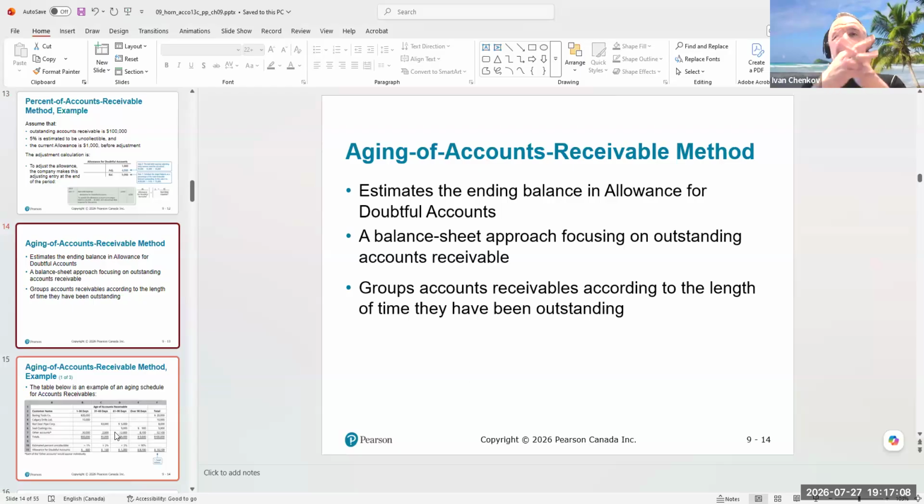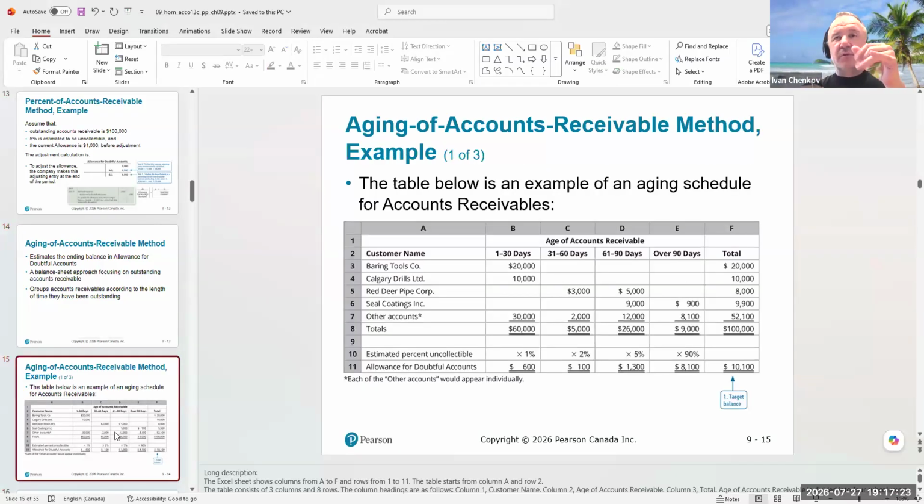So that will be estimating the ending balance of allowance for doubtful account again, and the balance sheet approach focusing on the outstanding accounts receivables when they're grouping the accounts receivables based on the length of the time that has been outstanding.